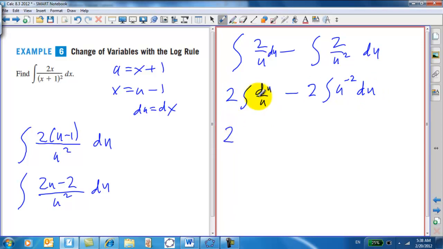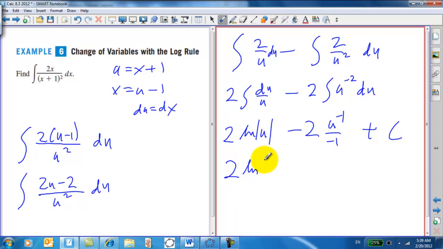So here we use our new idea of natural log of the absolute value of u. Here we can use just the old power rule, u to the negative 1 divided by negative 1. And we can use one constant of integration for both. So we end up with 2 times the natural log of u, which is x plus 1. Keep the absolute values on there. The negatives cancel here, plus 2 over u, and u was x plus 1, plus c.